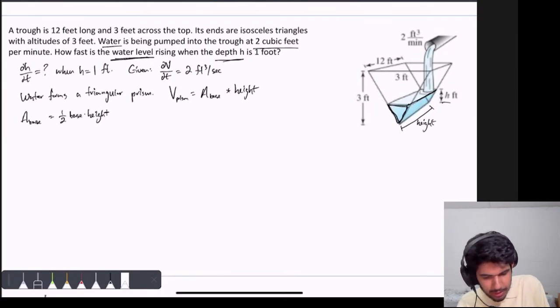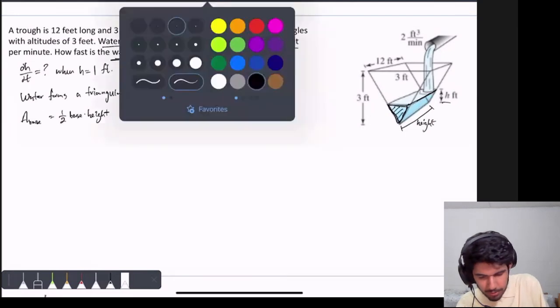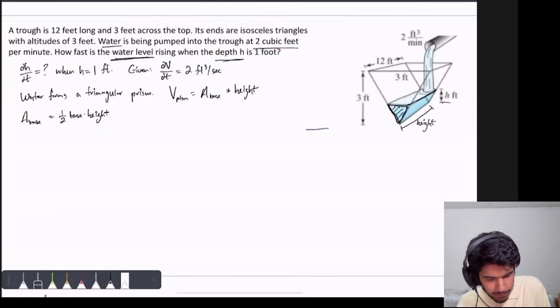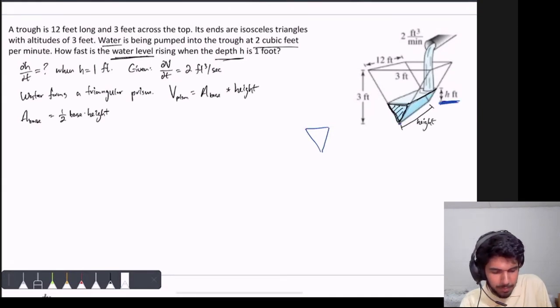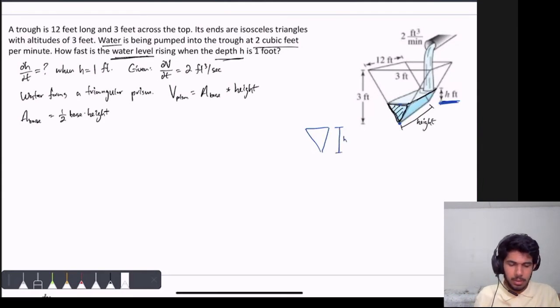So I'm going to take this triangle here and redraw it so we're looking at it face on. We have this triangle here, and we're given this value for h, measured from the tip at the bottom to the level of the water. So this is given to be h. Okay, what else are we given?